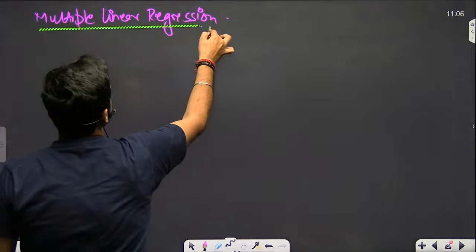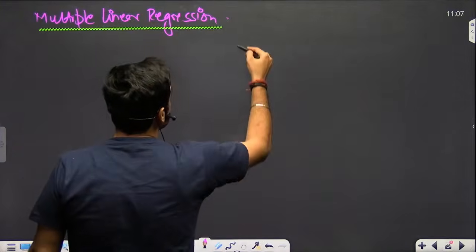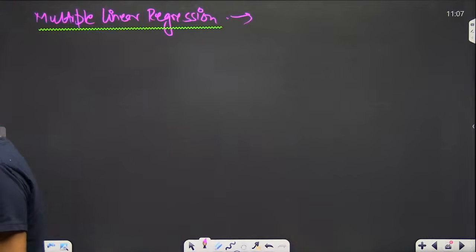So when we have more than one independent variable and a dependent variable, that analysis is known as multiple linear regression analysis.